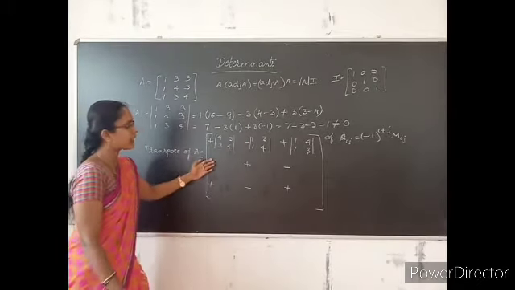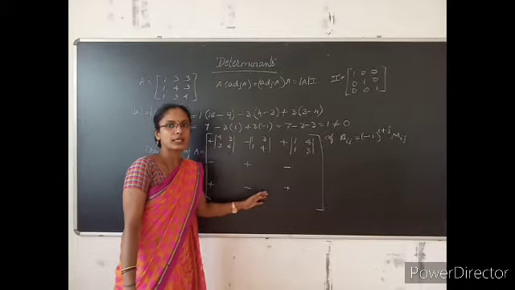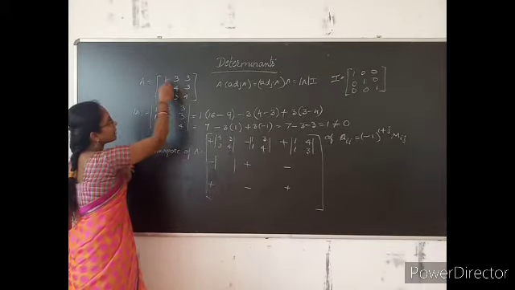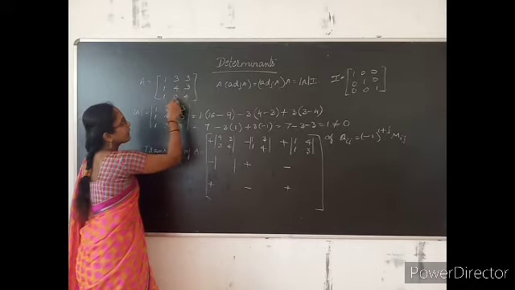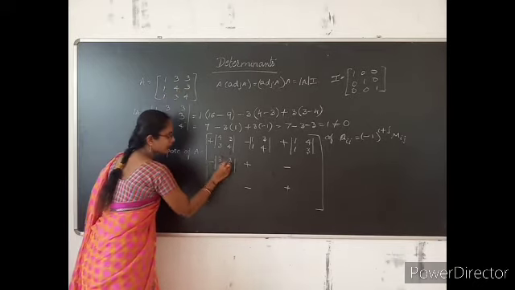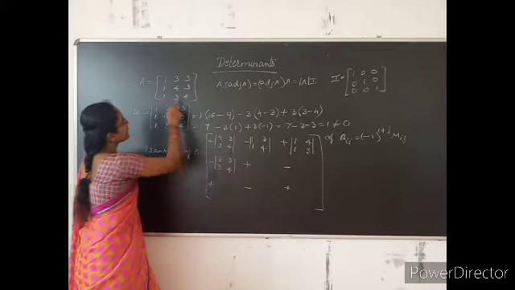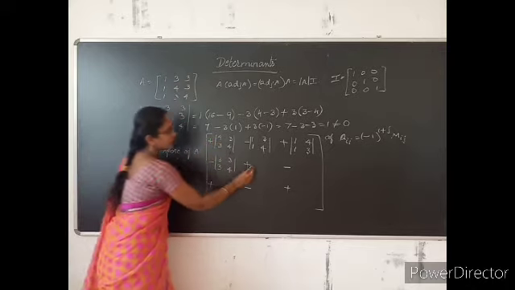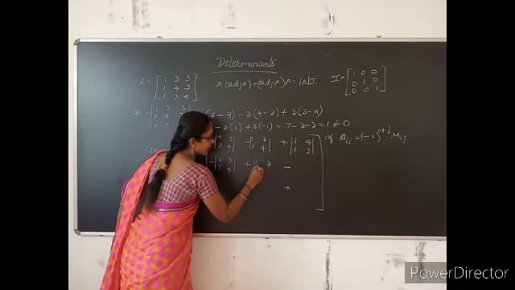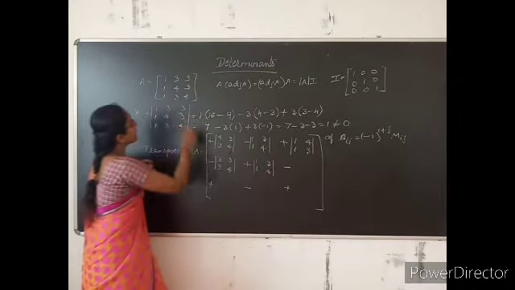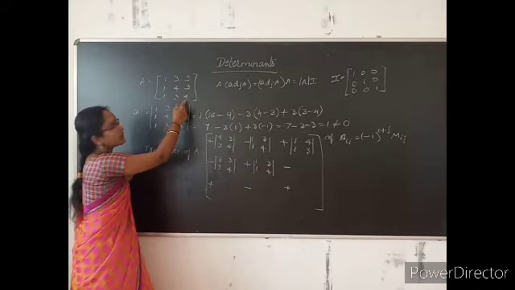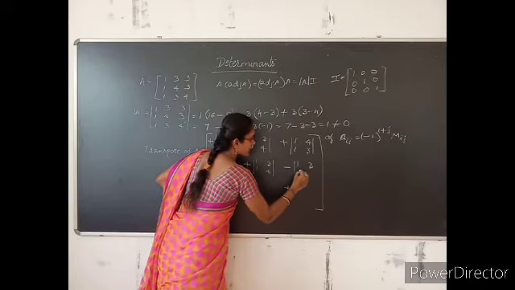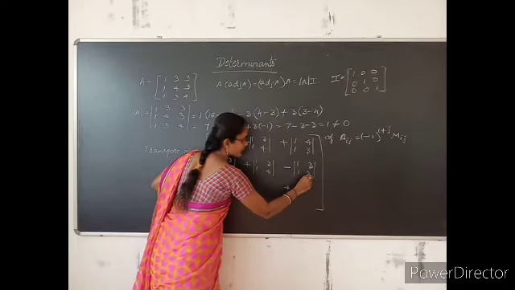So similarly, find the minor of each and every element. Deleting the second row and first column, you get the determinant of 3, 3, 3, 4. Deleting the second row and second column, you get the determinant of 1, 3, 1, 4. Deleting the second row and third column, you get the determinant of 1, 3, 1, 3.